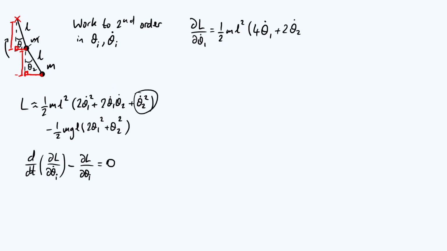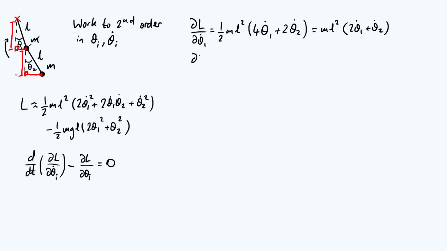The third term doesn't depend on θ₁-dot at all, so it doesn't contribute anything. And the potential energy part of the Lagrangian doesn't involve any dots at all. It's purely dependent on the angles themselves, so it doesn't contribute to this derivative. I can write this slightly more nicely: it's ml² times (2θ₁-dot + θ₂-dot). And there we go, we found our first partial derivative.